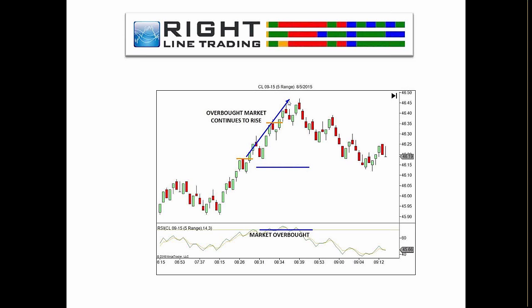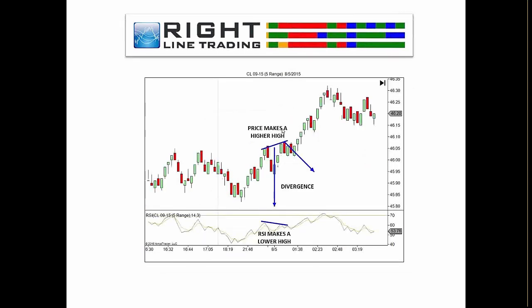Eventually the move will peter out and they'll get stopped out, but not after having broken sequential pivots to the upside. The other set of traders look to fade the market on oscillator divergence. When price makes a higher high and the oscillator makes a lower high, they look to fade the market.